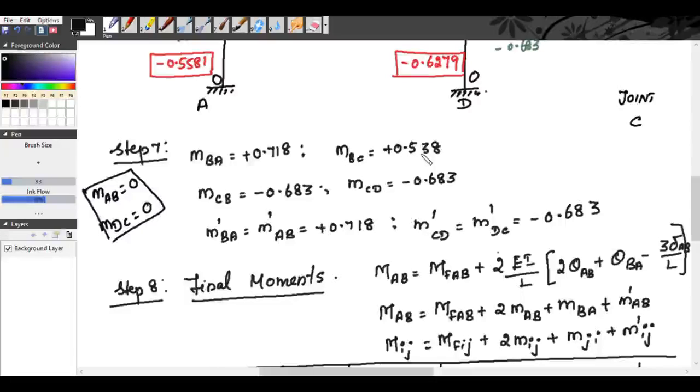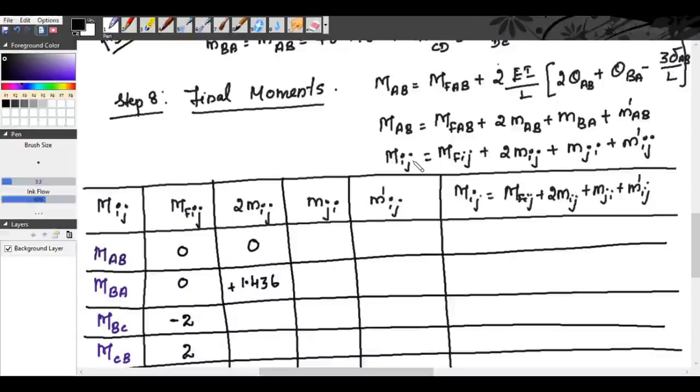Now 2MBC, it is plus 0.538, so plus 0.538 into 2, we get plus 1.076.